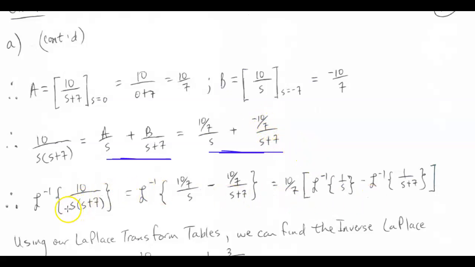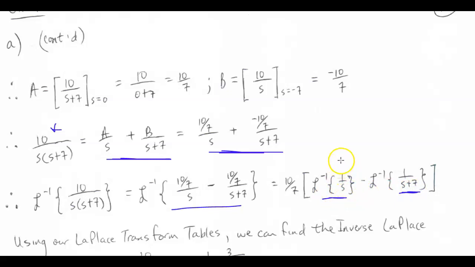And so here we could take the inverse Laplace transform of this, which can be rewritten this way, factoring out the common factor of 10 over 7, and then just find the inverse Laplace transform of these two expressions.